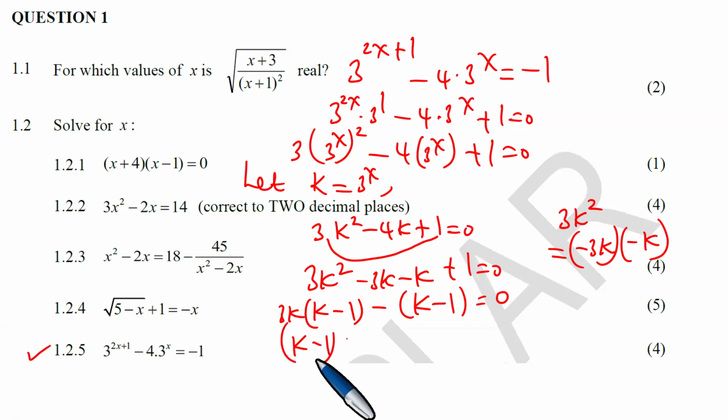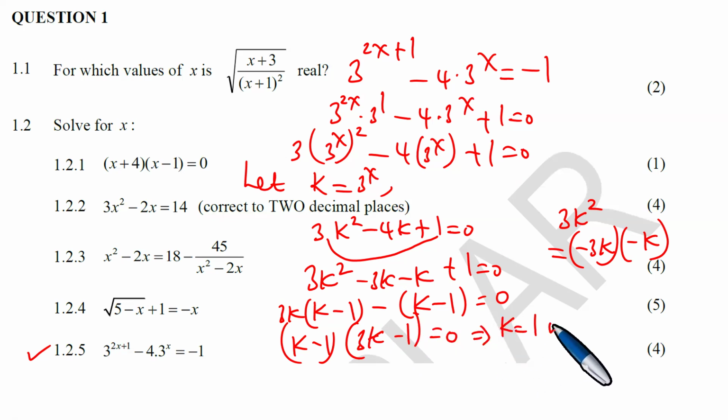And therefore, you have (k minus 1)(3k minus 1) equals 0, which means that k equals 1 or k equals 1/3. Now, what do we do next?